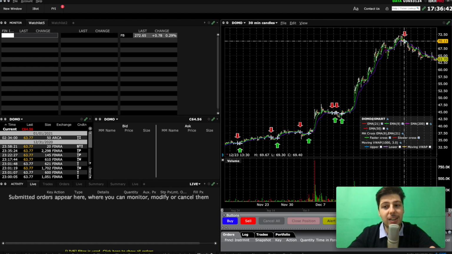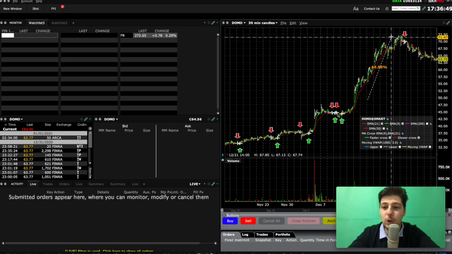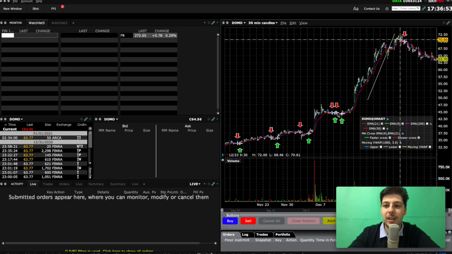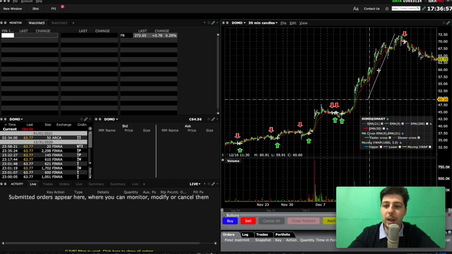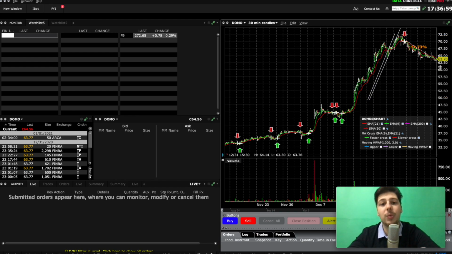You can even get short when they cross because it's a sign of trend reversal. After this huge 50% run, it can do a pullback. On that pullback, you can get in short. You would make money on the way up and money on the way down. So double the profit.